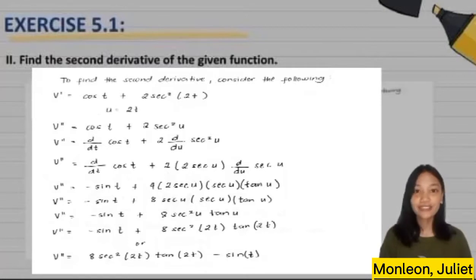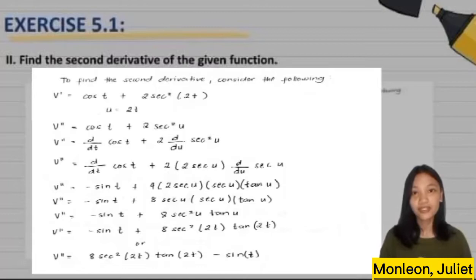Let us first find the derivative of secant squared u with respect to u. Using the power rule, we come up with the result 2 secant of u multiplied by the derivative of secant of u with respect to u.